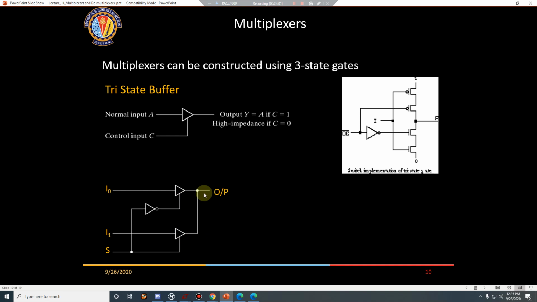High impedance means it is just putting a very huge resistance there, of a few mega ohms. So it is kind of isolated, and you can just assume there is no wire here. Whatever the output is will be decided by some other gate which is active. Okay, sir. Thank you.